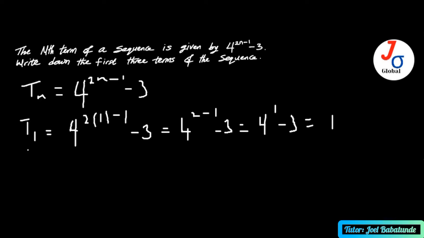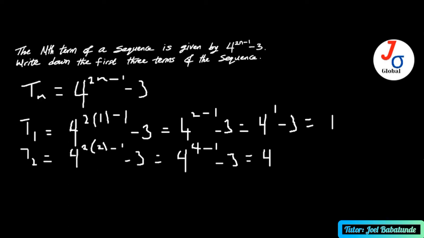Then I have T2, my second term. I have 4 to the power of 2 times 2, then minus 1, then minus 3. 2 times 2 is 4, then 4 minus 1 is 3, so I have 4 raised to the power of 3, then minus 3.